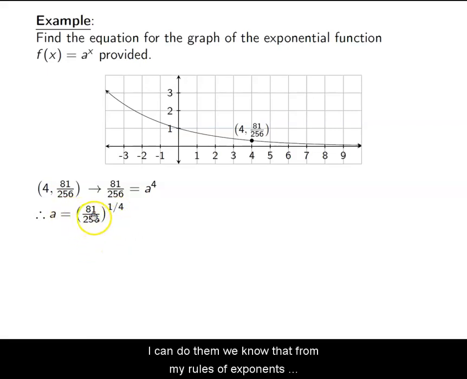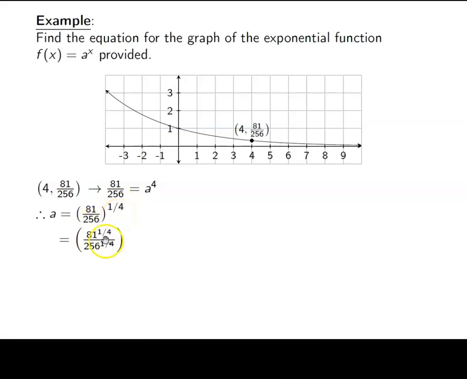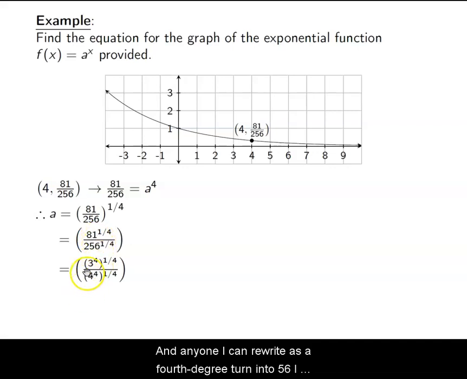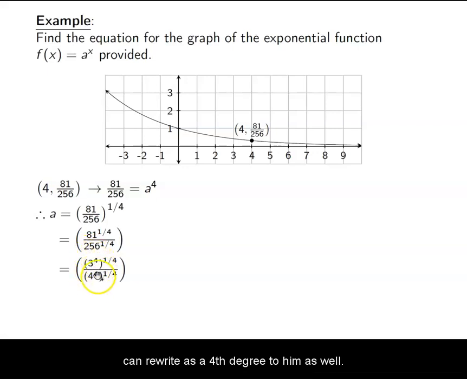So what I can do then, we know that from our rules of exponents, that a fraction to a power is the same as the numerator to this power and the denominator to this power as well. So we'll go ahead and distribute this 1/4 to the numerator and denominator. And 81 I can rewrite as a 4th degree term, and 256 I can rewrite as a 4th degree term as well.